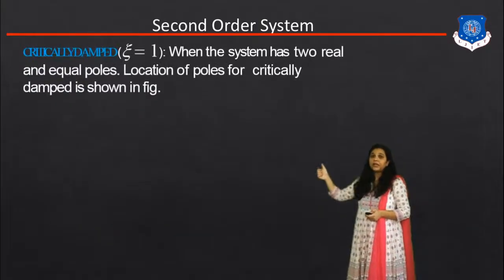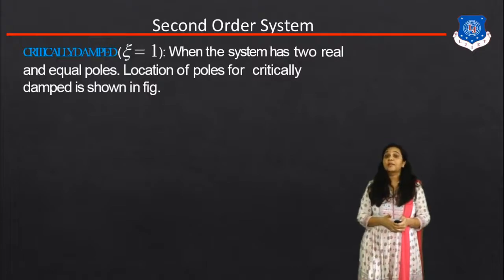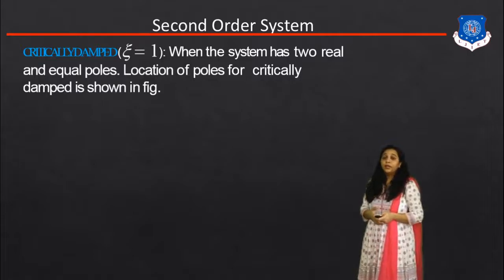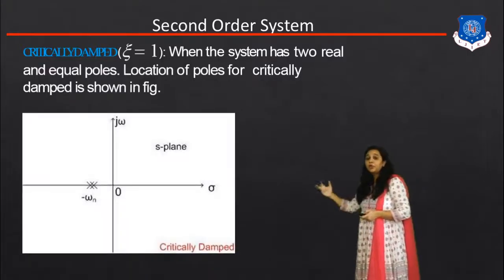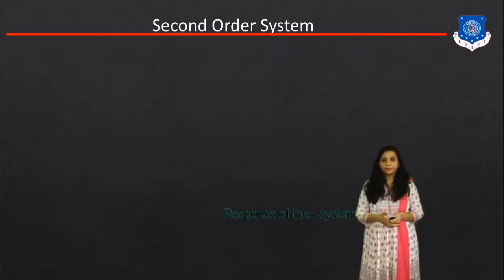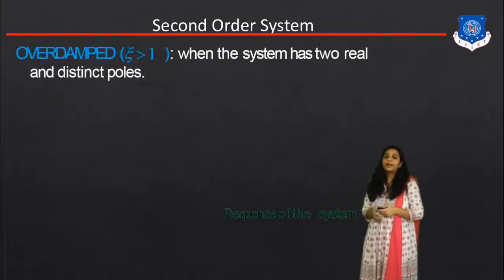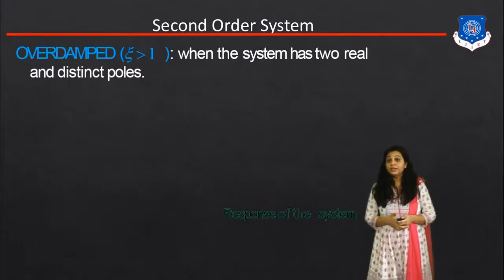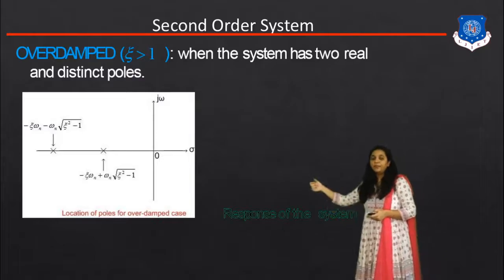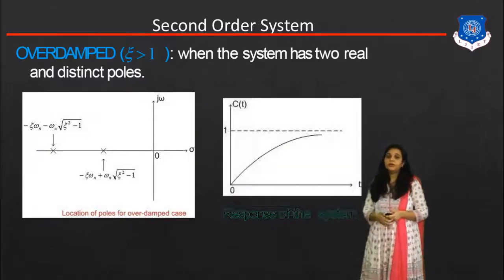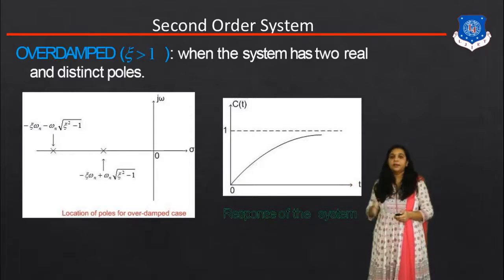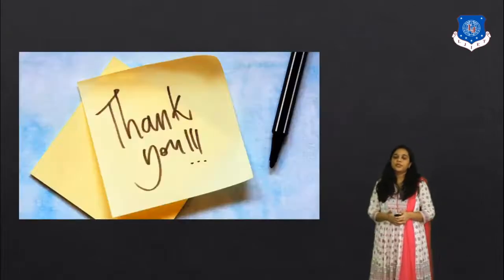In the critically damped system, we get two real and equal poles. That means the values of the two poles are real and equal. And in the overdamped case, when zeta is greater than 1, the system has two real and distinct poles as shown in the figure, and we get the response like this: time t versus output c(t).